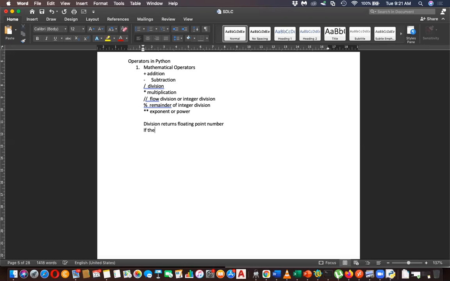If there is a floating point number in addition, multiplication, or subtraction, you will get a floating point answer.